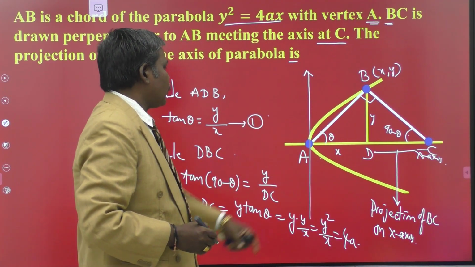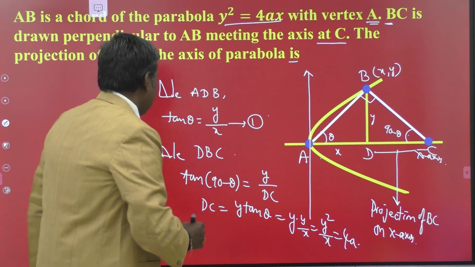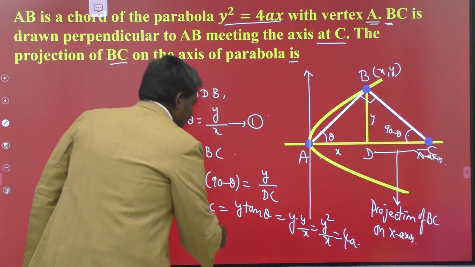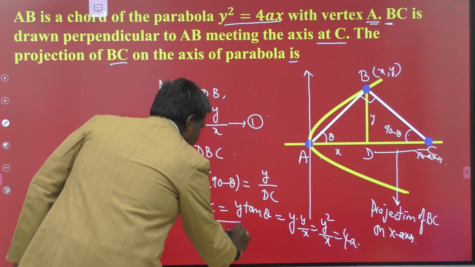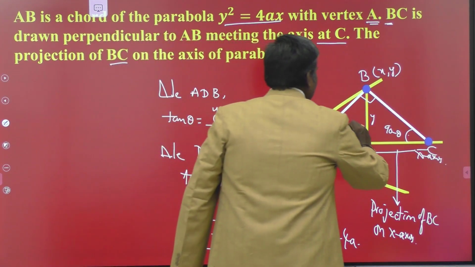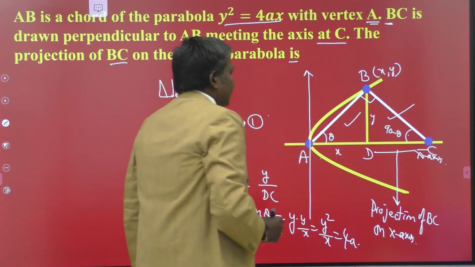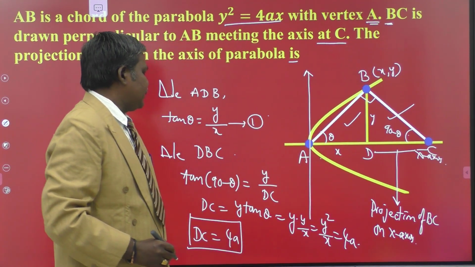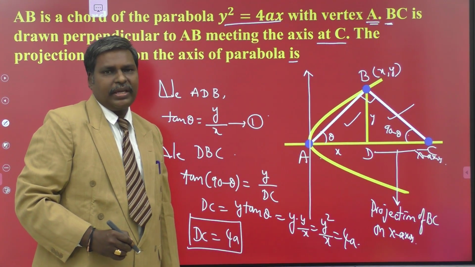Therefore, the required length DC, the projection of BC on the axis of the parabola, is 4a. So it is a very simple question. Using these two triangles, ADB and DBC, we can crack the length of DC as 4a units.